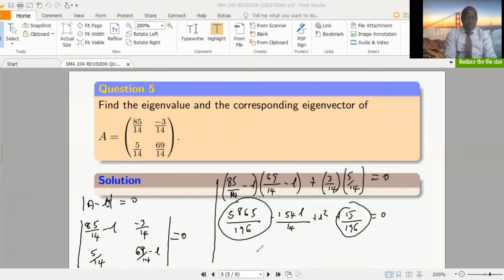And so what you have is lambda square minus 154 lambda out of 14, and this other one gives you 5880 out of 196, and equate this to 0. At this point, you can get lambda by using the quadratic formula. Use the quadratic formula. So let me just get some space.